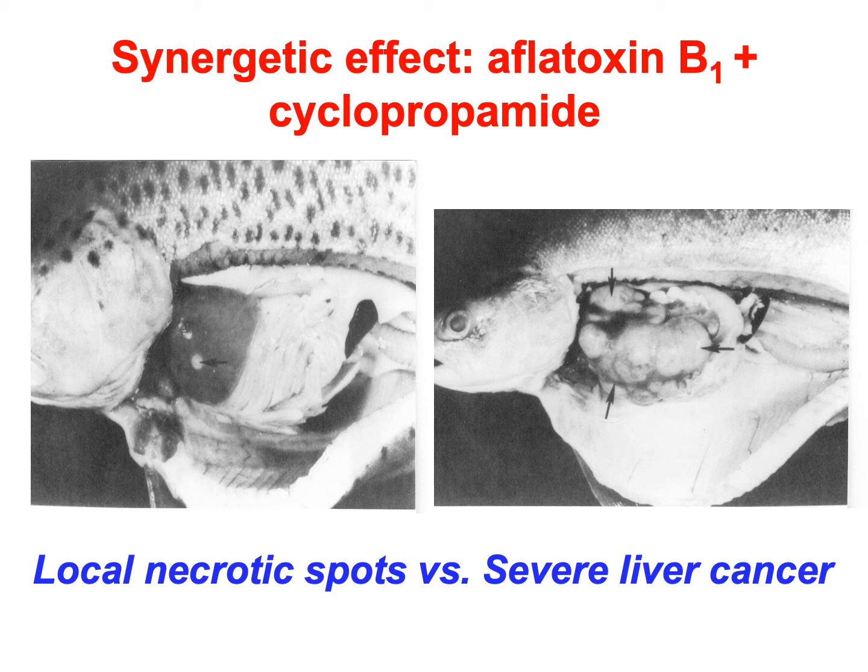The same concentration plus a small amount of cyclopropene in the right picture will cause severe liver cancer. You see the tumors are overwhelming on this one. So the effect is not 2 plus 2 is 4, but 2 plus 4 is 6, but 2 plus 4 are 8. So this is a synergetic effect.